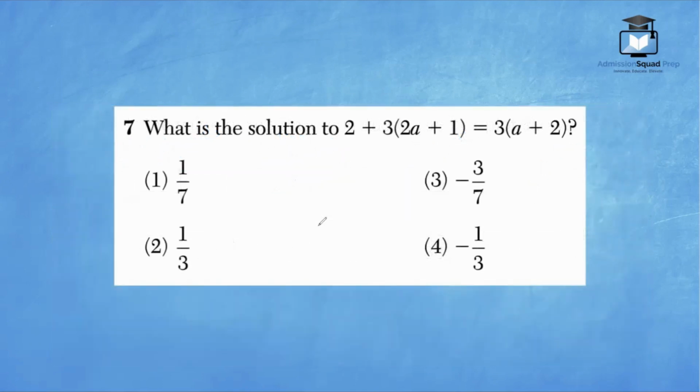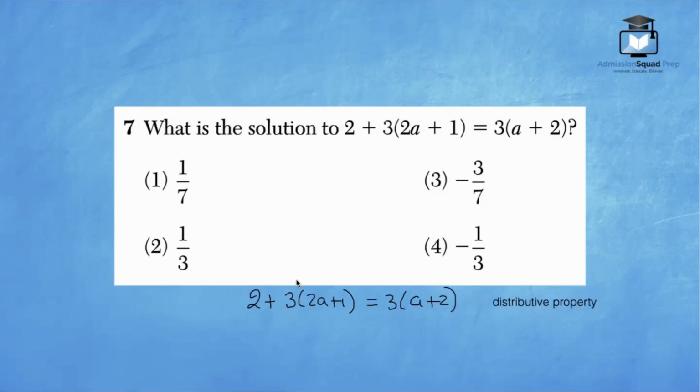For question number 7, it says, what is the solution to 2 plus 3 times (2a plus 1) equals 3 times (a plus 2)? Let's solve this equation. We have 2 plus 3(2a plus 1) equals 3(a plus 2). My first step here is going to be to apply the distributive property.